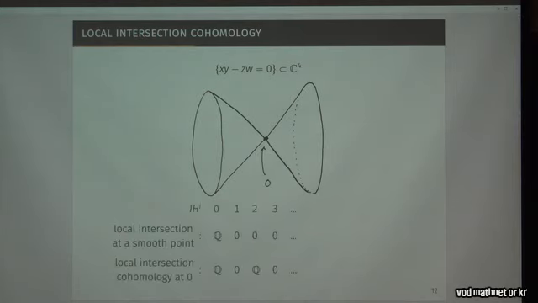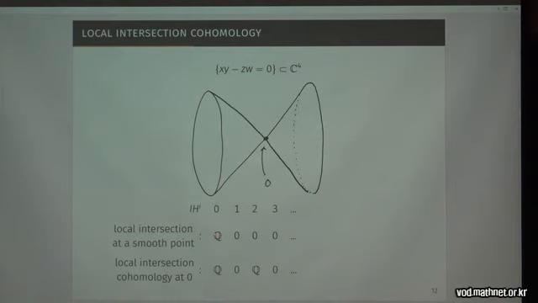And so what is this? Local intersection cohomology is some very subtle topological invariant of the singularity. If we take it at a smooth point, it just spits out Q in degree 0, and 0 elsewhere.